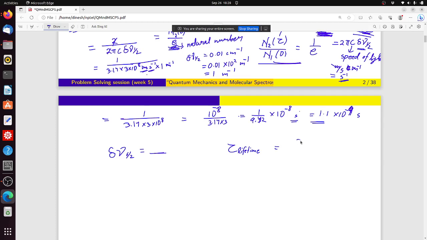Tau lifetime is 2 over delta omega half. Okay, this delta omega half is nothing but 2 pi. I have converted this to appropriate units, that's why I multiplied c. This will be delta nu half. Okay, if this is given in terms of second, there is no need to multiply c factor, you can directly calculate this. Okay, because it is given in length unit, so I had to multiply c to convert this into time unit.